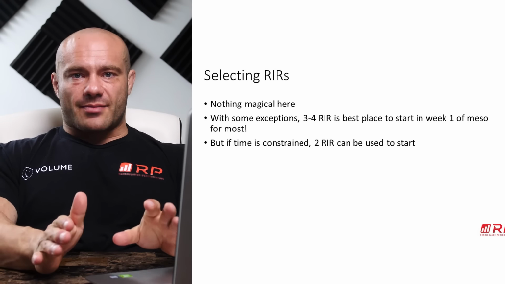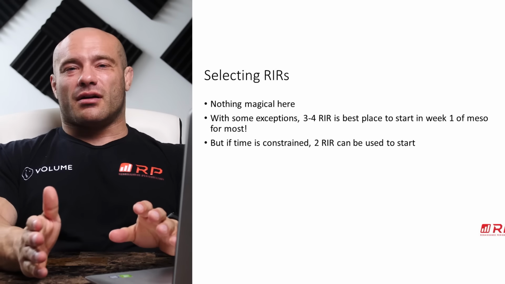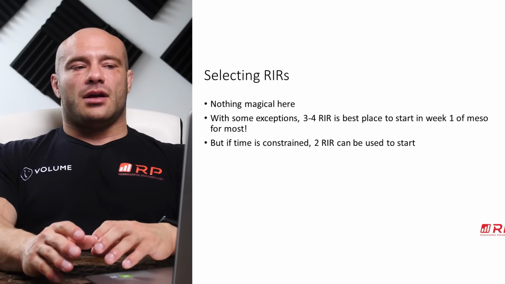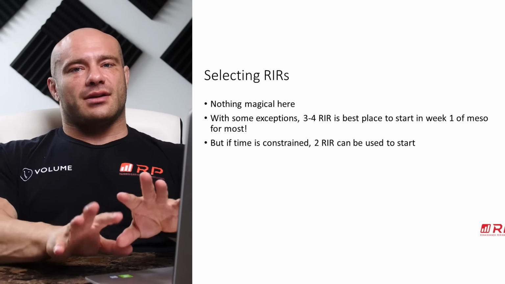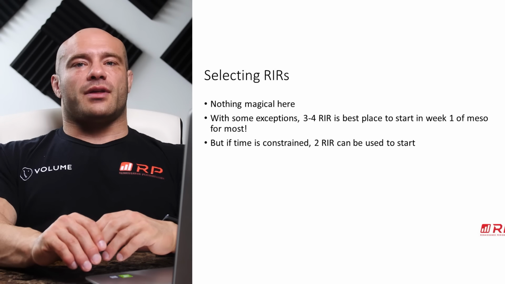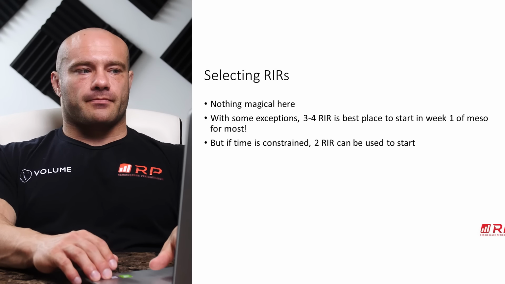If they're time constrained that way, you can start with 2 RIR, even more aggressively. For a first-time program, I would start at no more than 2 RIR because you want to let people sort of swim before they start free falling.